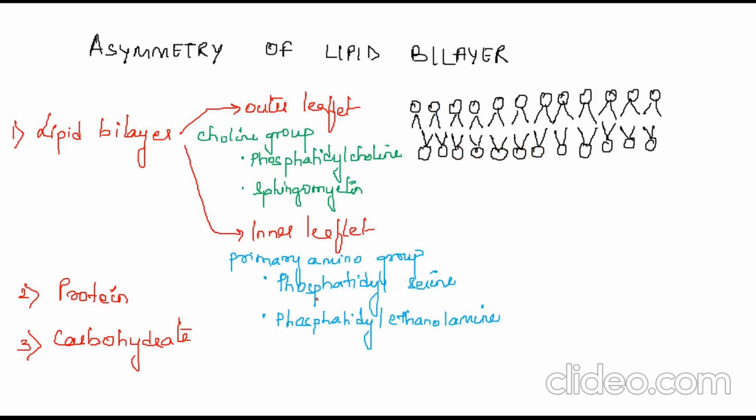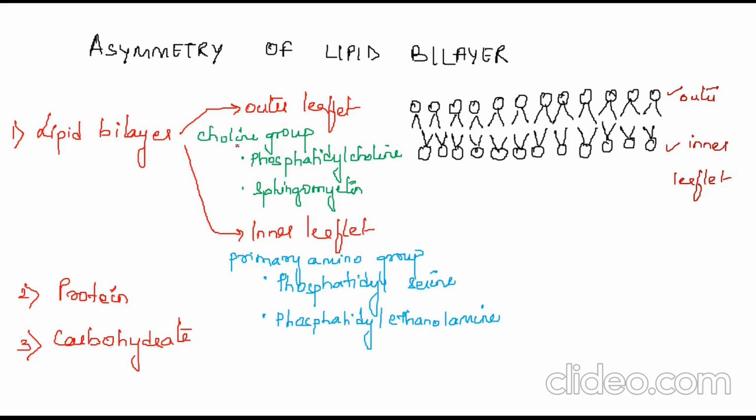So let's revise what we have studied. Biological membranes are asymmetric in nature. They have two leaflets, the outer leaflet and the inner leaflet, and the composition of these two is not the same. This was seen in erythrocytes, or RBCs.